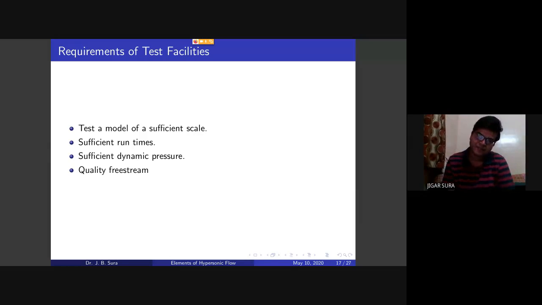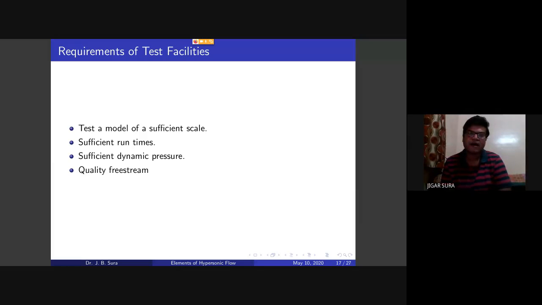When you reach the hypersonic field, you also need quality free stream, because of the Reynolds number, the thing that you read, 5 into 10 to the power 5 and 2 into 10 to the power 5, causing transition from laminar to turbulent. It has one condition, star conditions apply: the noise inside the flow affects the Reynolds number transition.